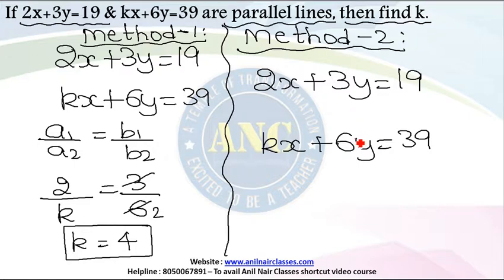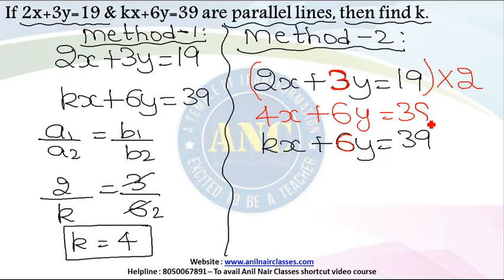The coefficient of y here is 6. Make this coefficient of y also as 6. As of now the coefficient is 3 here. You should make it as 6. Multiply the entire equation by 2. So this becomes 4x plus 6y is equal to 19 into 2 is 38.